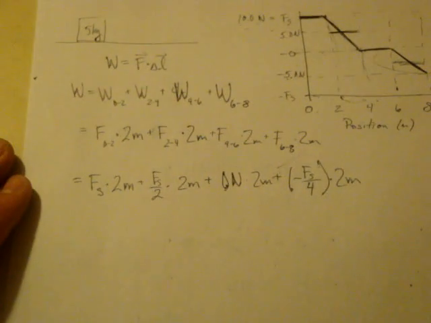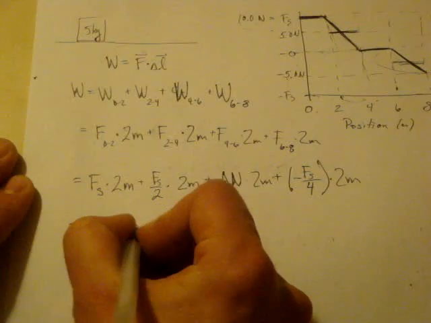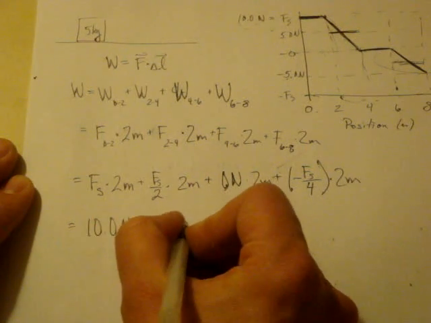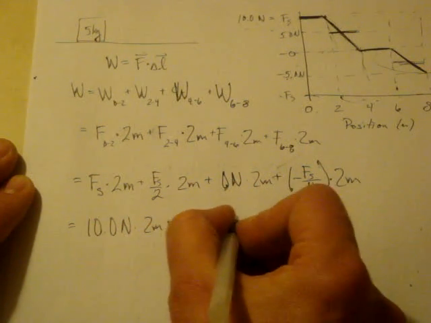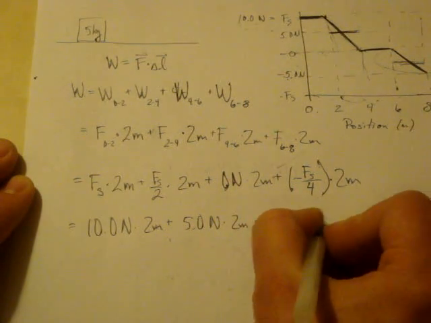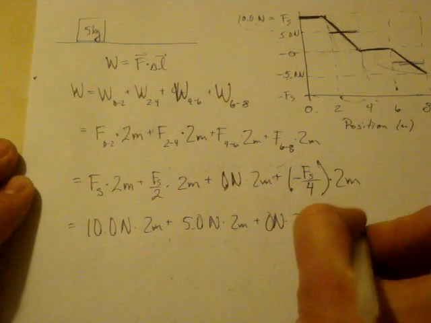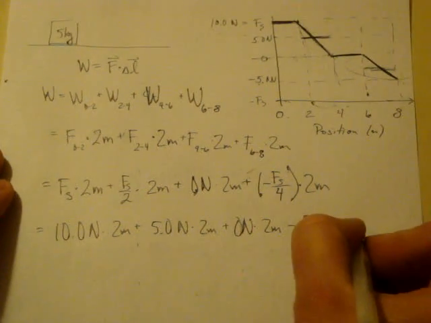Now we can go ahead and plug in quantities for each of these. This would be 10.0 newtons times 2 meters, plus 5.0 newtons times 2 meters, plus 0 newtons times 2 meters, minus 2.5, oops, sorry about that, 2.5 newtons times 2 meters.